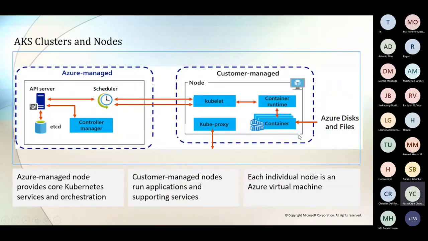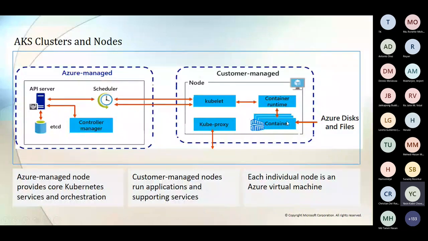So nodes, clusters and node. What are clusters and nodes? Azure managed nodes provide core Kubernetes service and orchestration. A node means a VM. In the VM, there may be 2 or 3 containers. This is Kubernetes. When they create a VM, that VM can contain a container runtime that will take the data from the Azure disk or files.